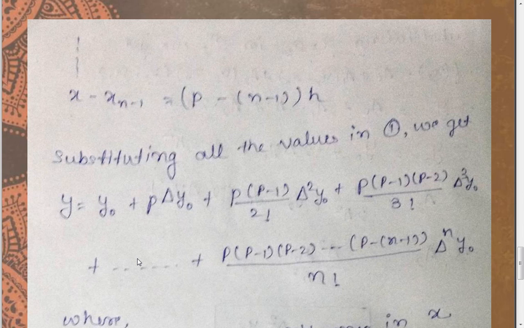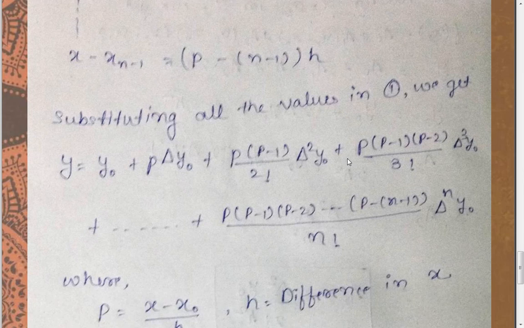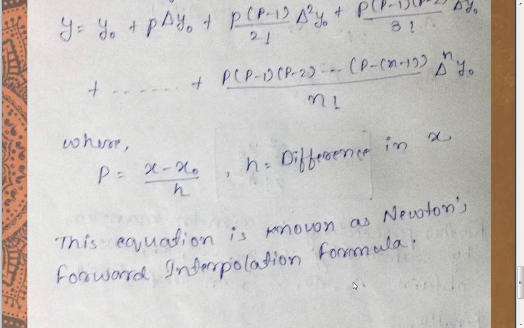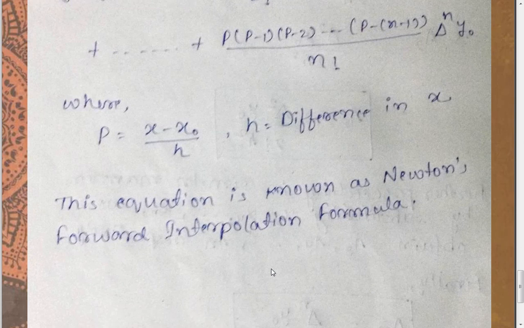You can do it on your own. It's a quite straightforward procedure. So what you see here is the Newton's forward interpolation formula. This is the required formula, where p is equal to x minus x naught by h. h is the difference in x. This equation is known as Newton's forward interpolation formula.